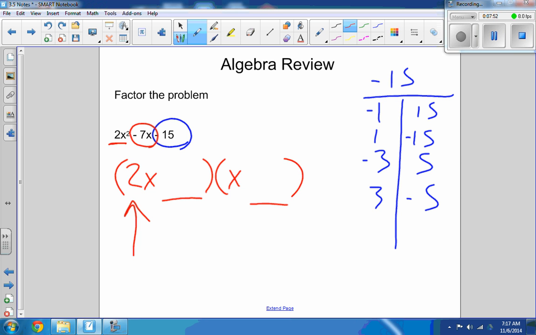No. I've got to get some combination of 2 times a number, adding the other number, that will give me negative 7. 2 times 5 is 10, minus 3. That works. So I'm going to put the 5 here, because when I FOIL this, that's 2 times 5, and the negative 3 here. And there is the problem factored.